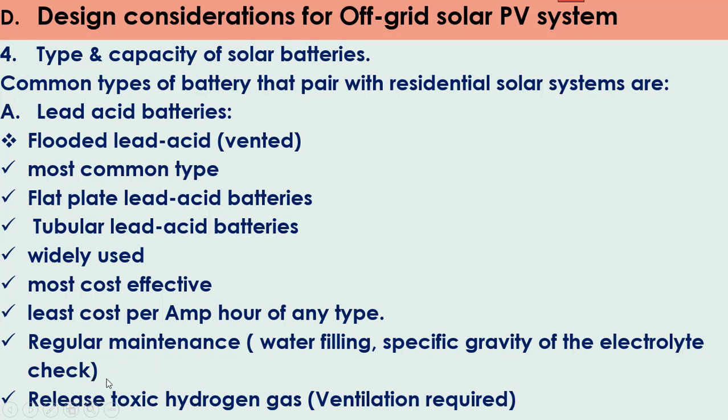And this type of batteries, as I said, releases toxic hydrogen gas, so it requires vented openings in order to release the hydrogen gas out of the space, in order to keep the home safe from the danger of explosion, or any playing by kids or other people, in order to keep healthy the family that installed their own photovoltaic system in their home.